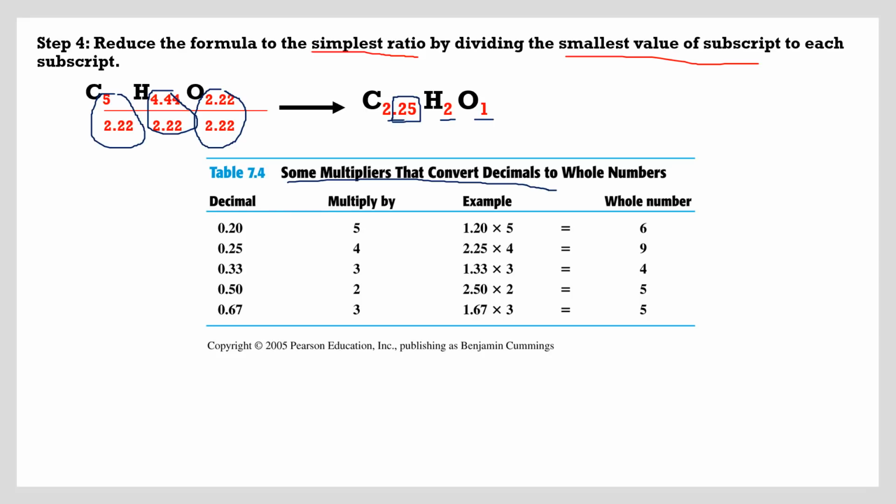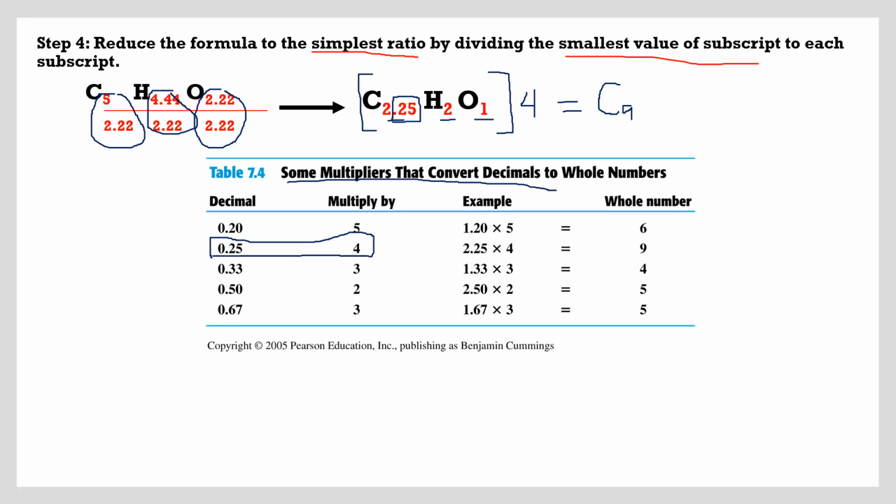If that is 0.25, we should multiply it by 4 to make it a whole number. So we are going to multiply the whole formula by 4. The result will be C, 2.25 times 4, becomes C9.